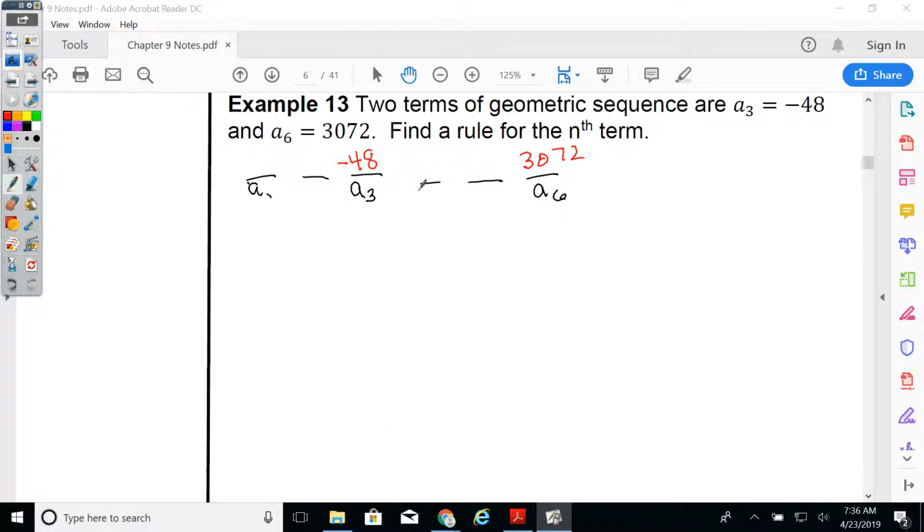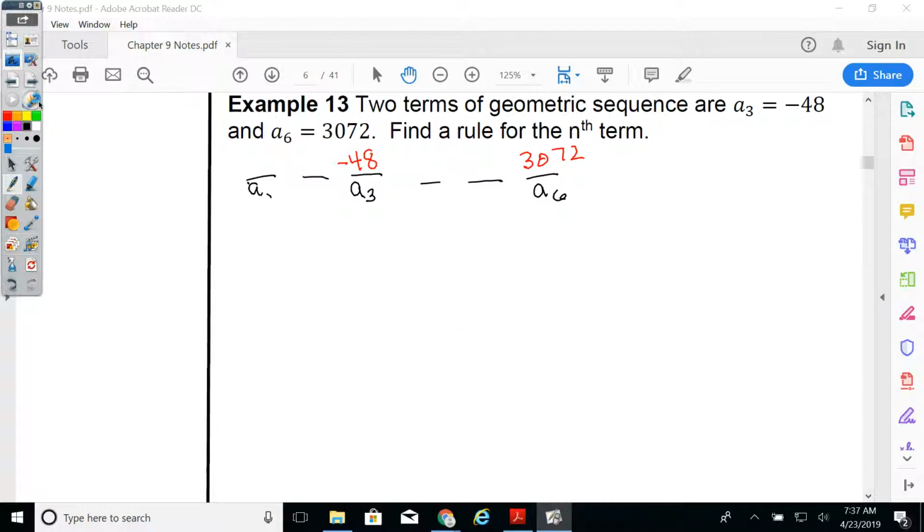We need the R value that takes us there, and then we need the first number for the formula. So there's a couple of things we can do. No, you cannot just subtract this and this and divide it by 2. That's a linear sequence, or an arithmetic sequence, not a geometric sequence.